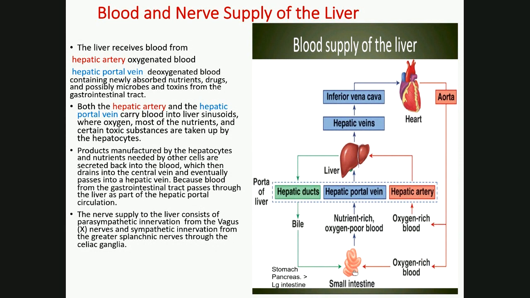So the deoxygenated blood from these organs is going to enter the hepatic portal vein, and it's going to be nutrient rich because they're absorbing the nutrients, especially from the small intestine, entering into the liver, as well as the hepatic artery, bringing that oxygen rich blood to the liver. The liver is producing bile that's exiting into the hepatic ducts, into the small intestine to assist in this digestive process.